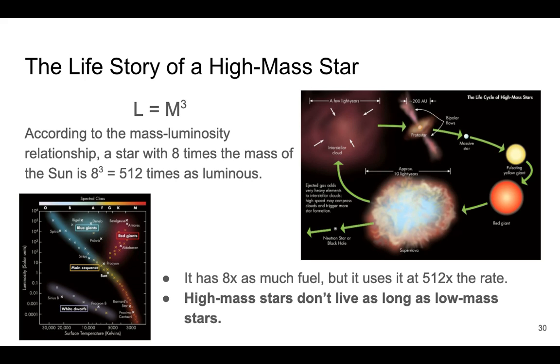So now you get to see why the high mass stars don't live as long. That star has 8 times as much fuel, but it's going to be using it at 512 times the rate. So it's going to go through all that stuff way, way quicker. So it turns out that the high mass stars don't live as long as low mass stars. And in fact, they don't live nearly as long.